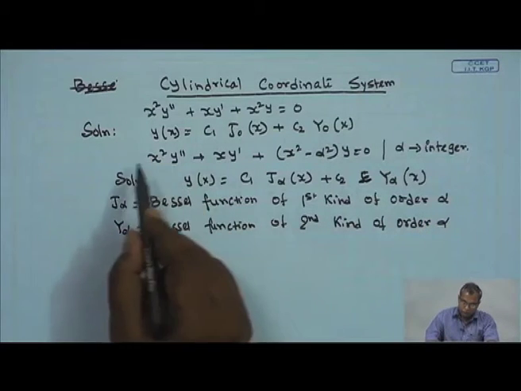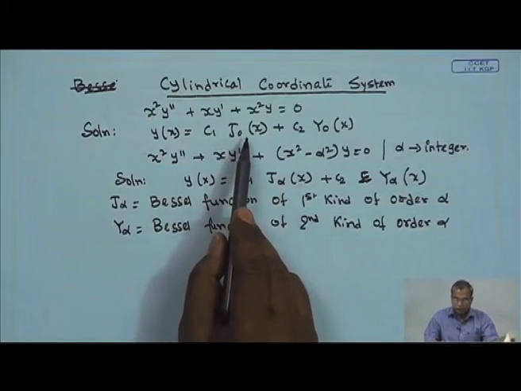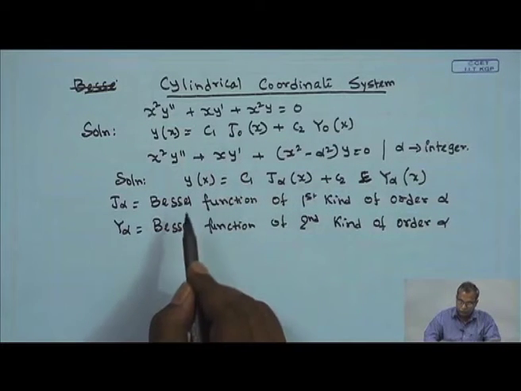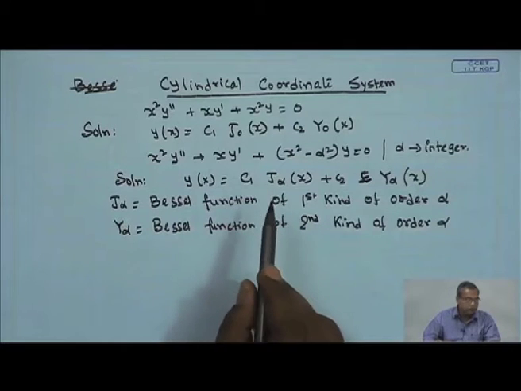So if this is the form, we are talking about the 0th order Bessel function, and the 0th order of first kind and second kind of Bessel function.